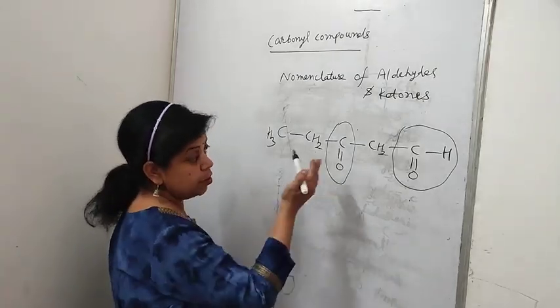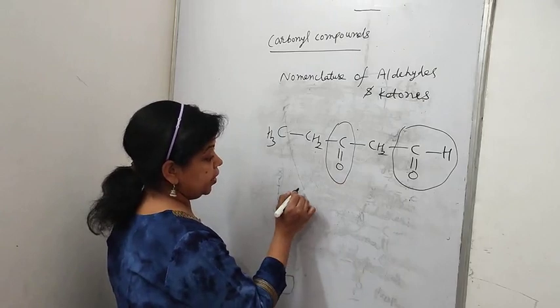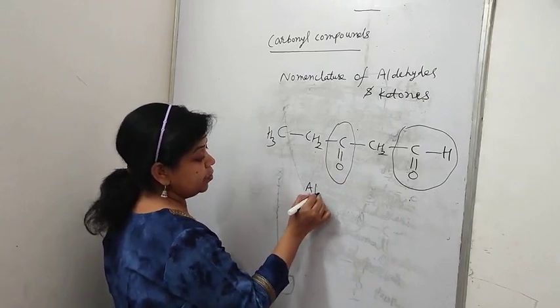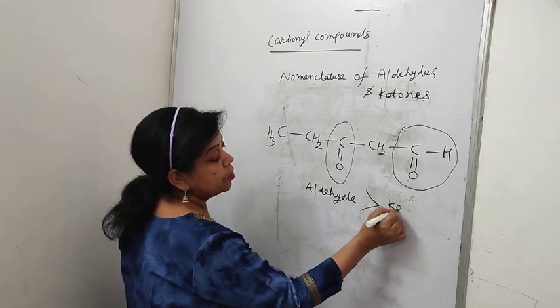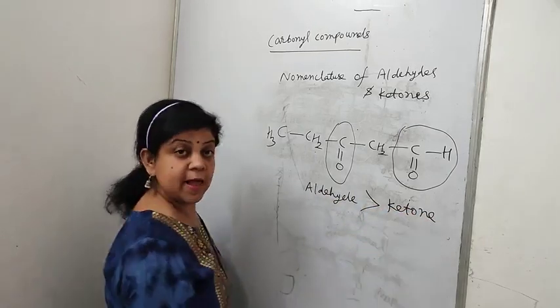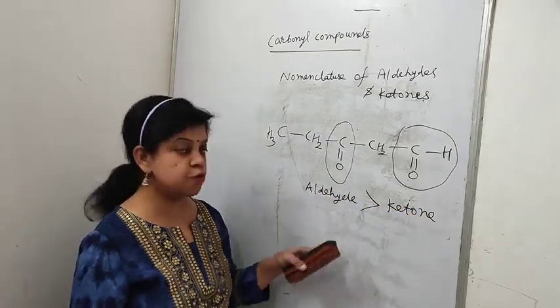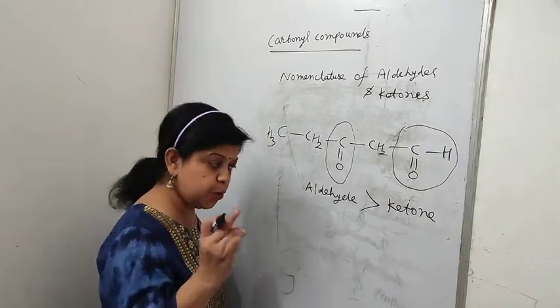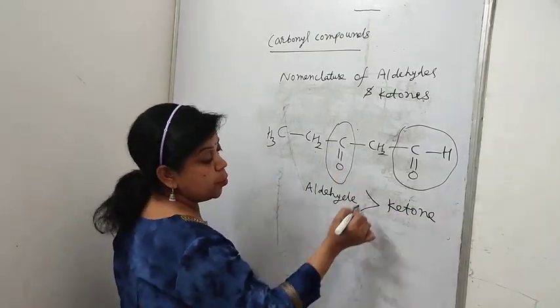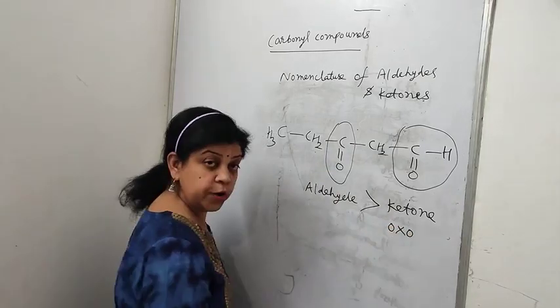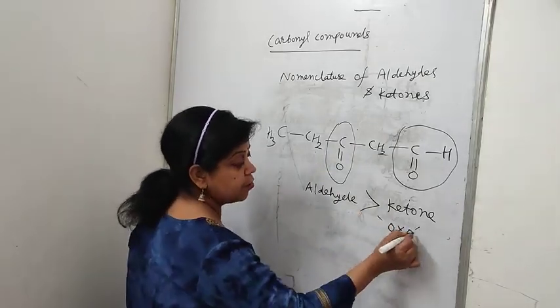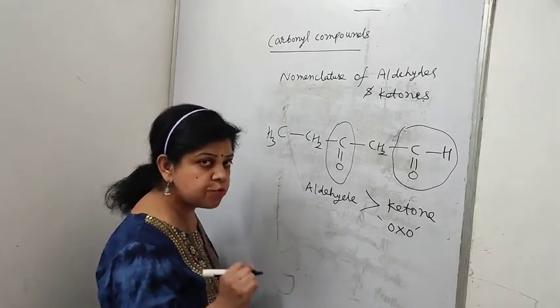We have to give the priority to aldehyde over ketone. So our functional group in this is aldehyde, which gets priority over ketone. Now your ketone will act as substituent, and when ketonic group acts as substituent, it is known as oxo.